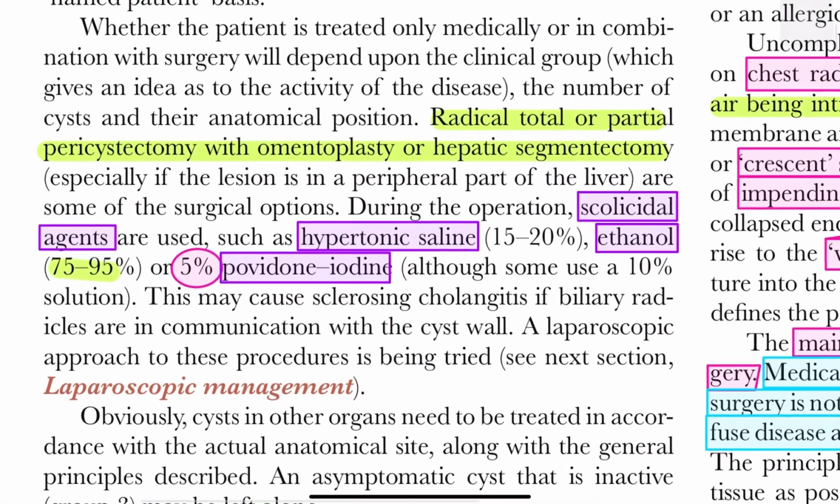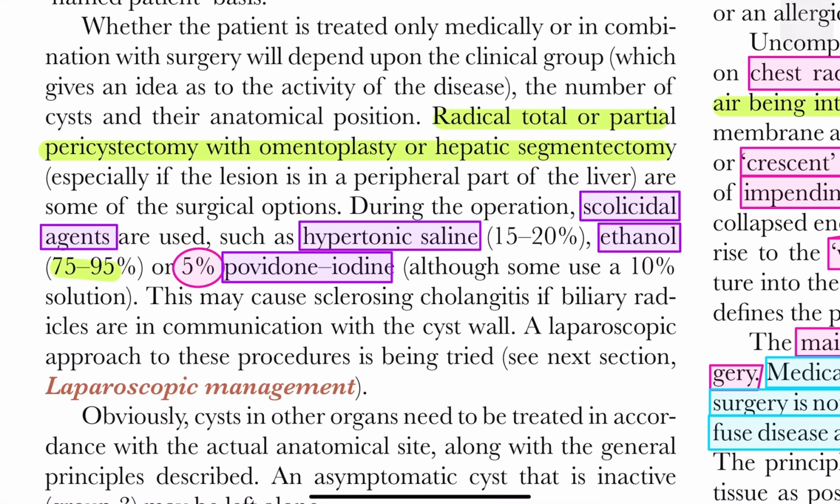Now, what are the scolicidal agents? Hypertonic saline 15 to 20%, where 20% is specific, ethanol 95%, and 5% povidone iodine they have given.